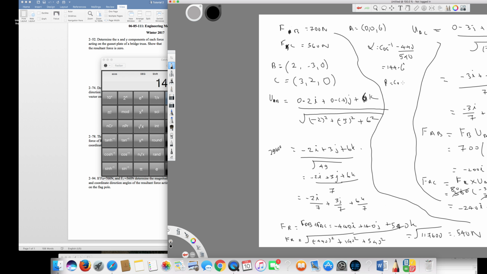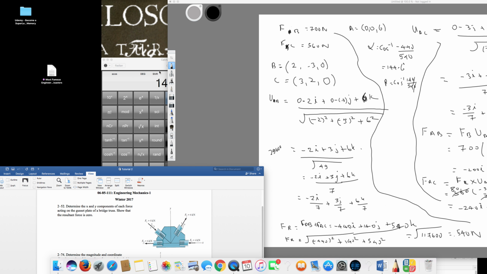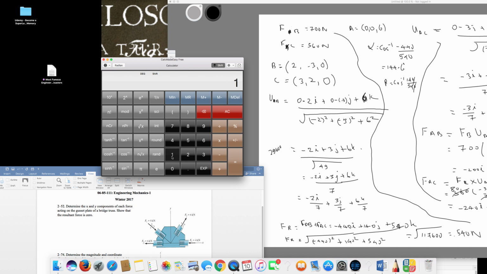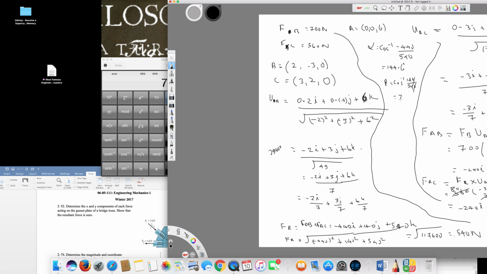So cos inverse of 140 over 540. 140 divided by 540 is equal to this, and if I cos inverse this one, it's 74.97 degrees. So this is my beta.